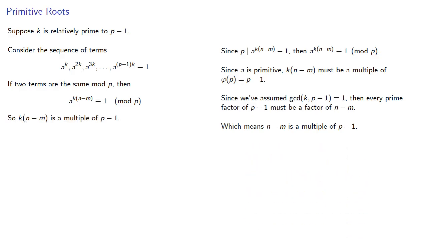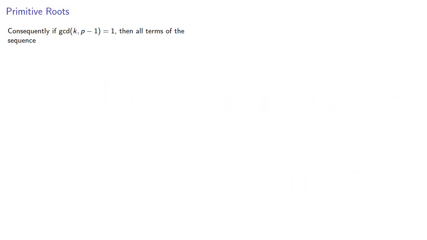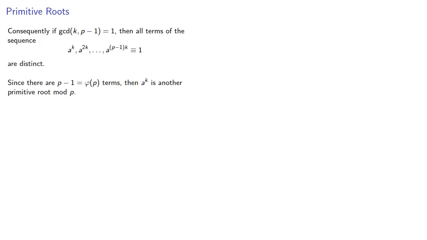But since n and m are both less than p minus 1, this can't happen. Consequently, if the greatest common divisor of k and p minus 1 is 1, then all terms in the sequence of powers of a to the k are distinct. Since there are p minus 1, phi of p, terms, then a to the k is another primitive root mod p.